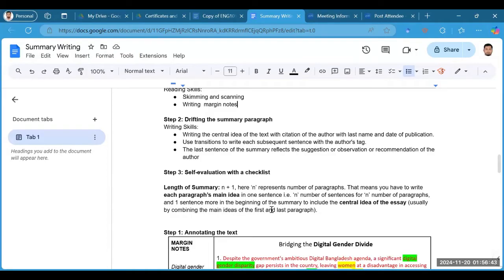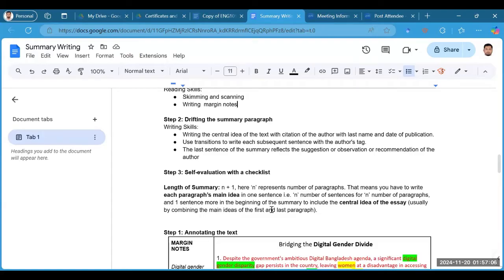Many of you are confused about the length of the summary. As I have told you in the classes, the summary length depends on the length of the essay in terms of paragraphs. So basically it is n plus 1, where n represents the number of paragraphs. For example, if you have a 5-paragraph essay to summarize, you probably will write 6 sentences.